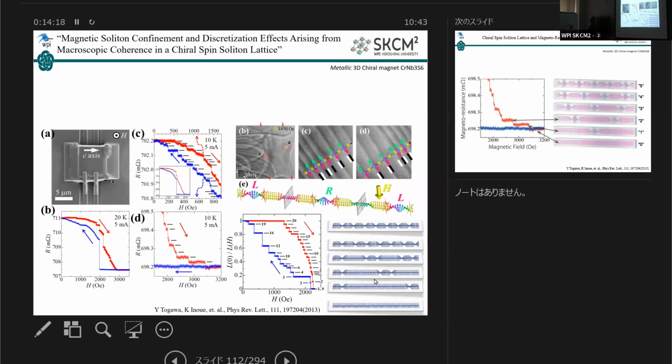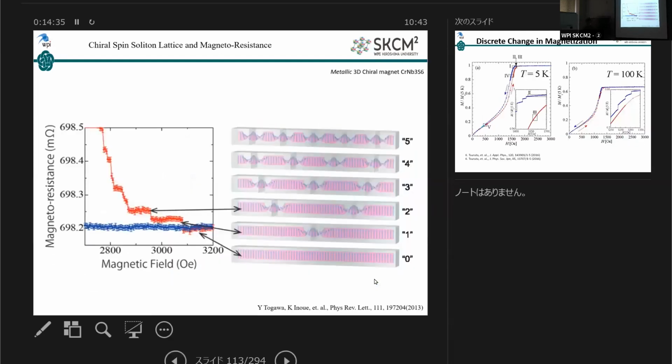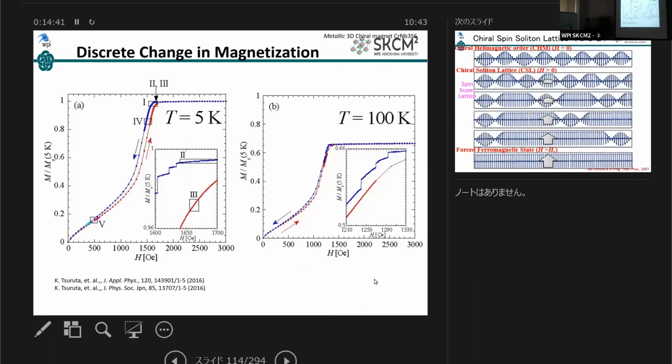Then if we increase the field, the number of solitons will decrease one by one, like this. At the same time, we can measure the magnetoresistance. Anyway, we can count the number of solitons by resistivity.